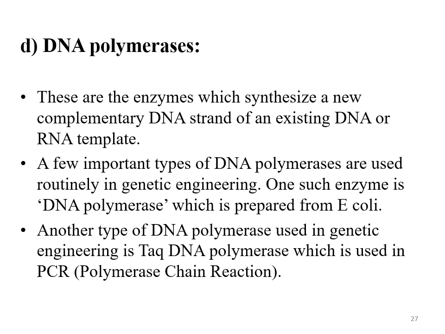Another type is Taq DNA polymerase, which is used in PCR, the polymerase chain reaction, to amplify the DNA fragment or synthesize a number of copies of the DNA fragment.